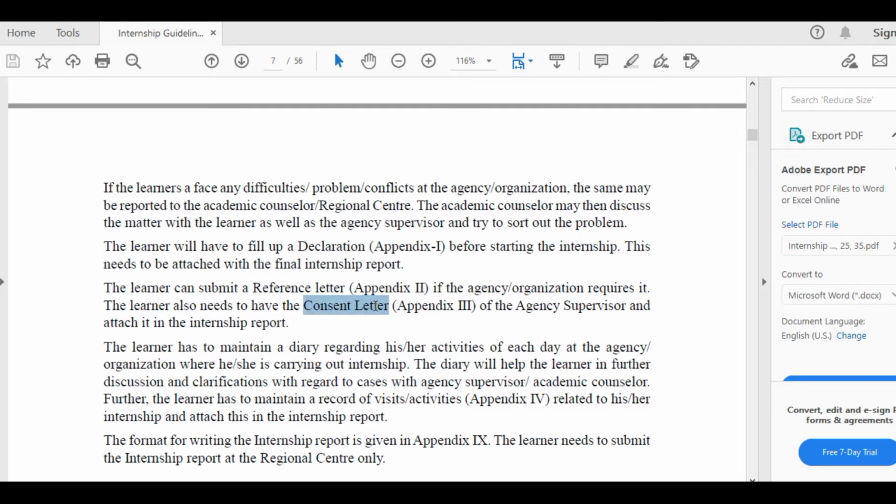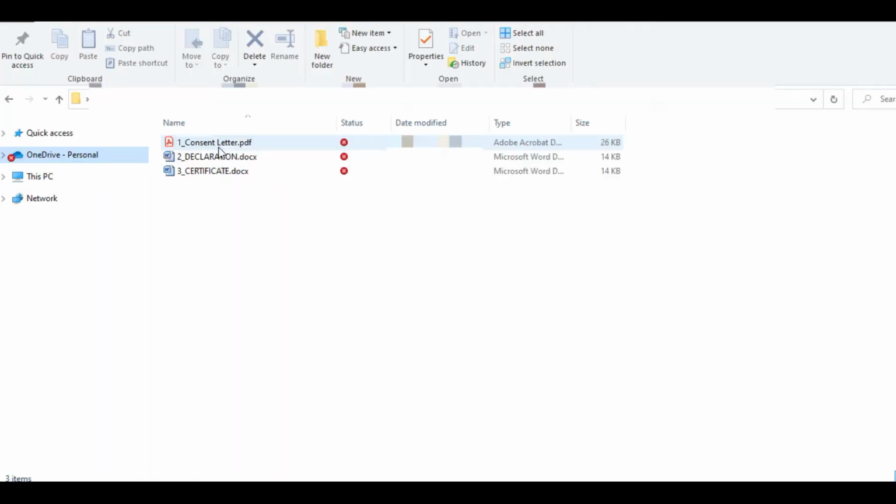Now there is a consent letter that needs to be attached to the internship report. First is your consent letter that you had already submitted during the approval, and the next is the declaration that too you had already submitted during the approval. So only the third thing remains, the certificate that needs to be attached.